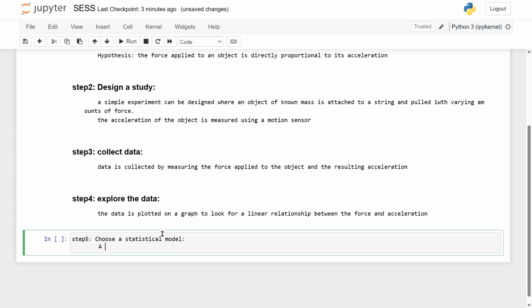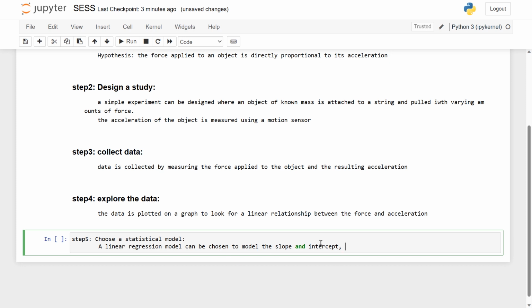So a linear regression model can be chosen to model the relationship between force and acceleration.